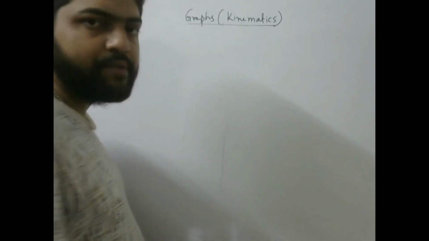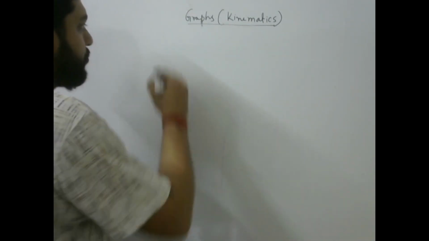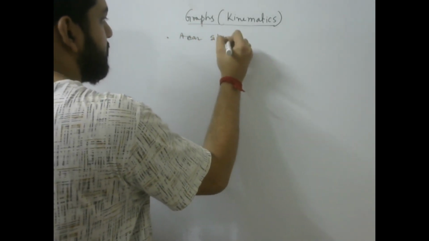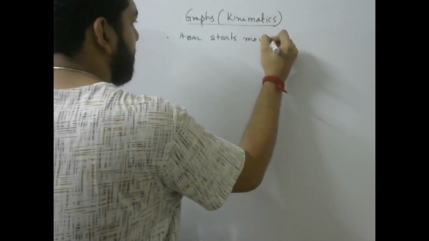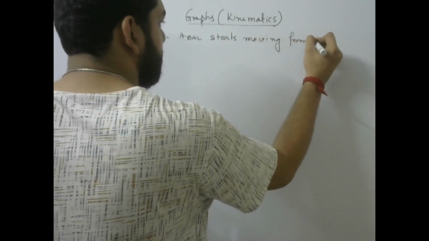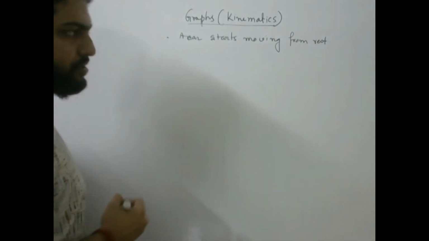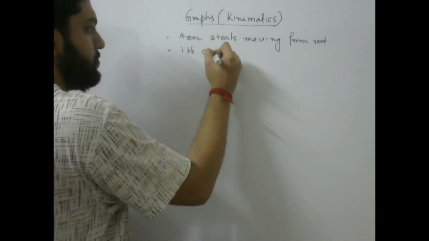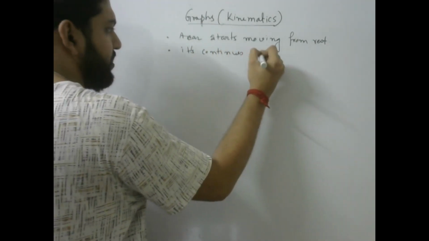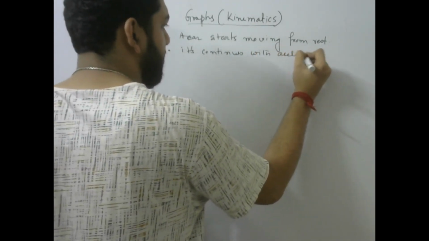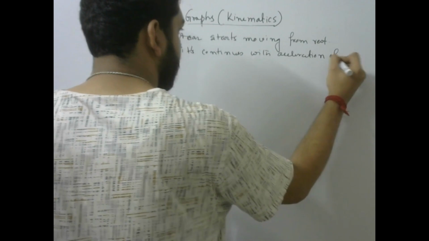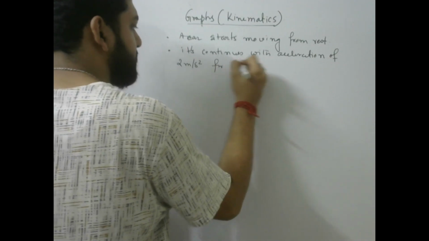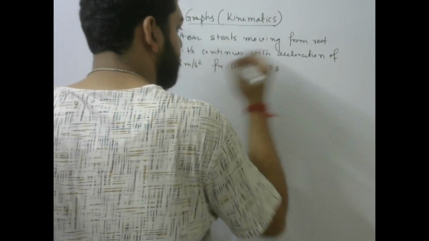I will write the statement in bullet points this way. A car starts moving from rest. It continues with acceleration of 2 meter per second square for the first 10 seconds.